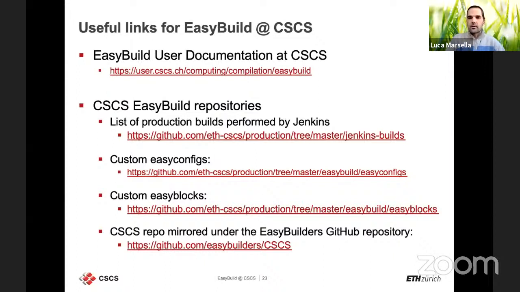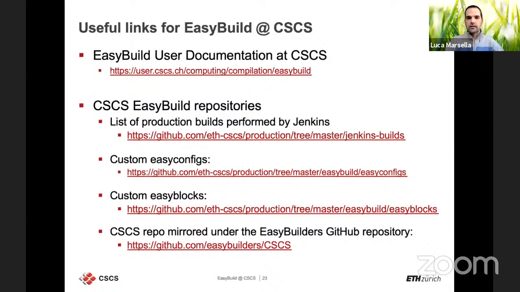And for the moment, as I said, this is still in test. So this is probably something we need to contribute maybe in the next months to the main EasyBuilders GitHub. As usual, I put here in the links the fact that although we have a custom set of easy configs and not so many custom easy blocks, we always mirror our repository under the EasyBuilders official repository.